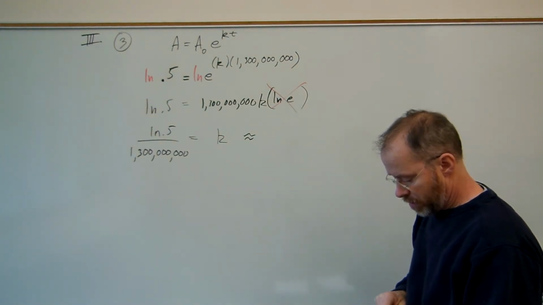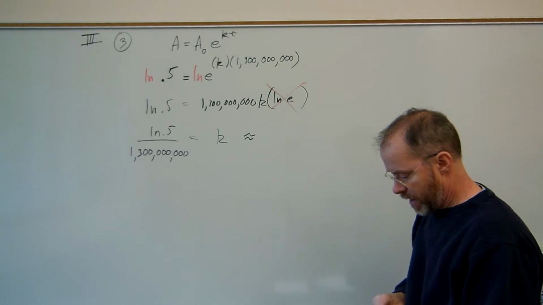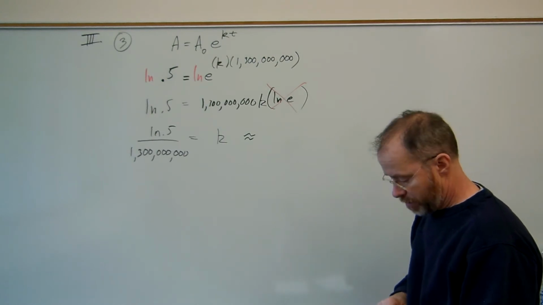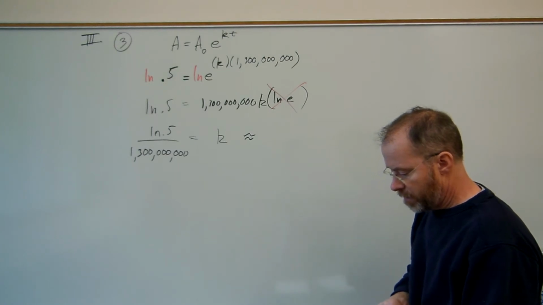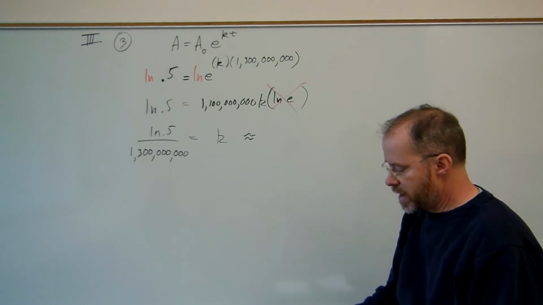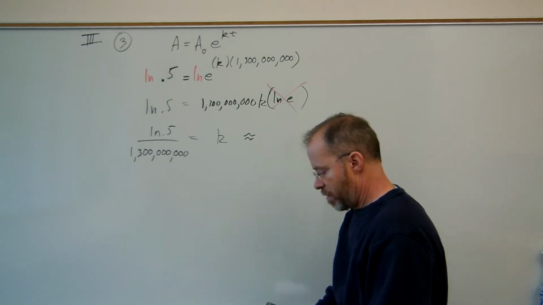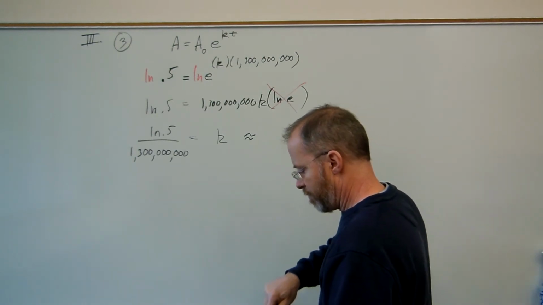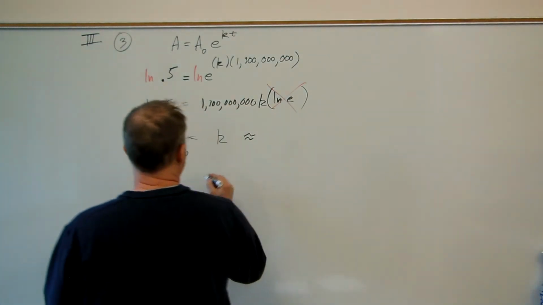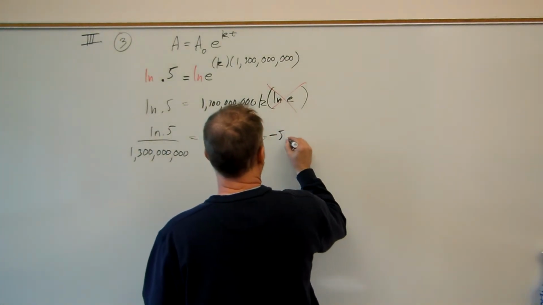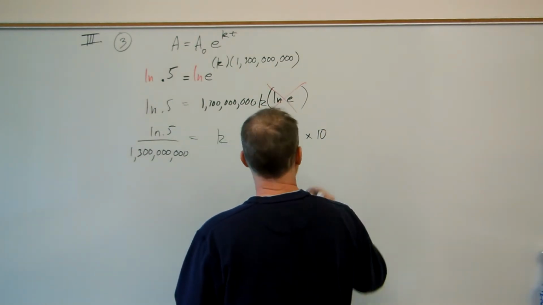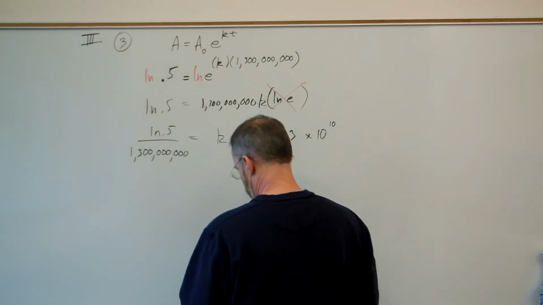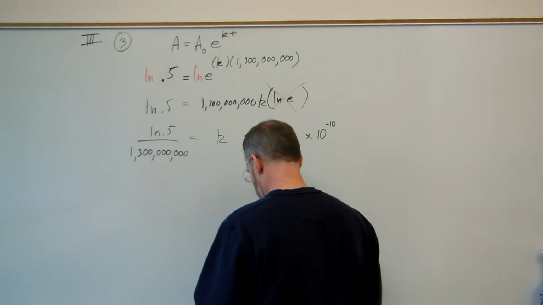Natural logarithm of 0.5 divided by all those zeros, I get negative 5.3 times 10 to the negative 10th power.